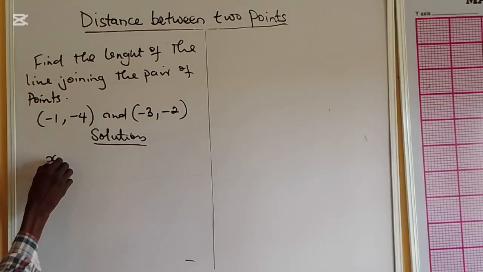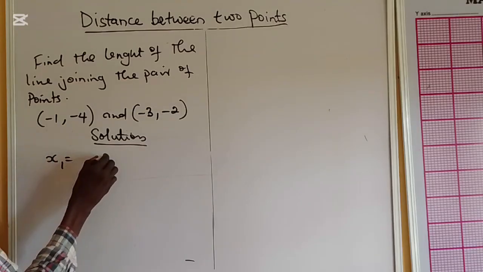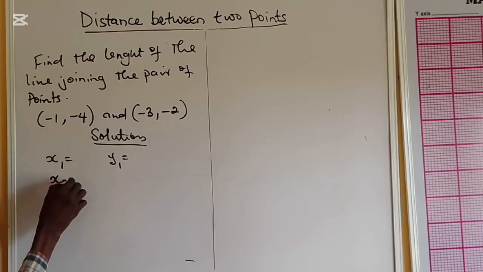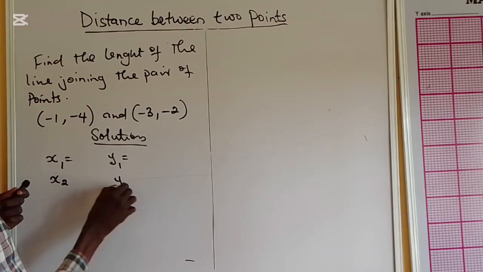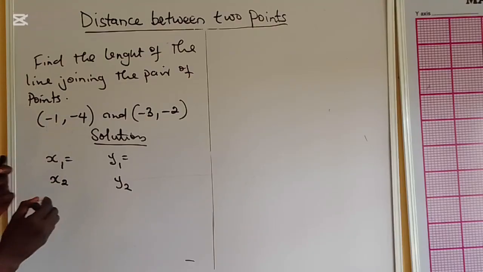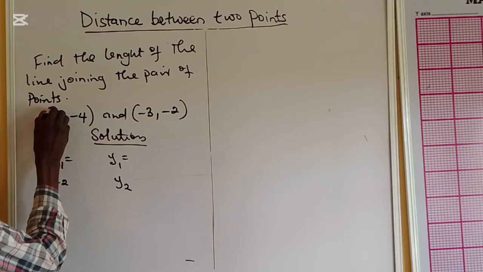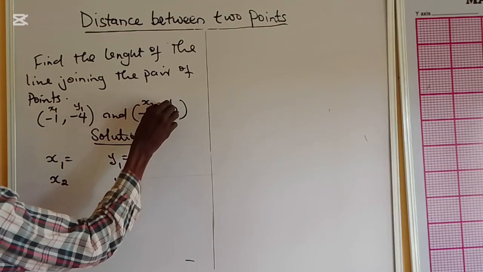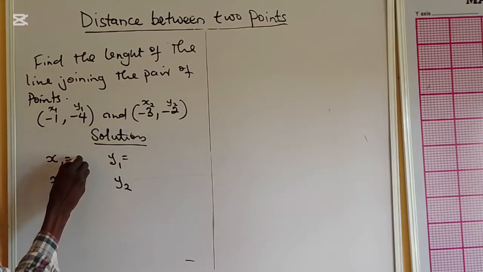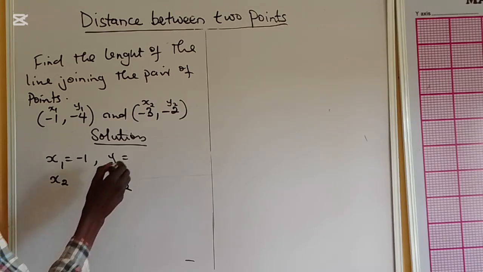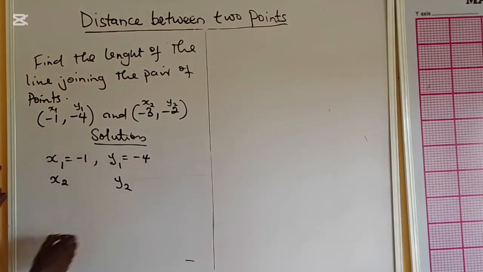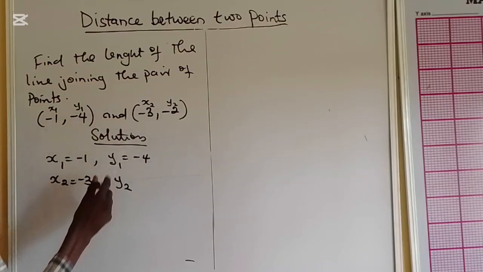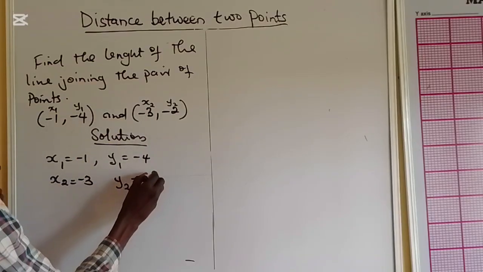I'm going to get our x1, our y1, our x2, our y2. In coordinate geometry, here is x1, y1, x2, y2. So x1 is minus 1, y1 is minus 4, x2 is minus 3, and y2 is minus 2.